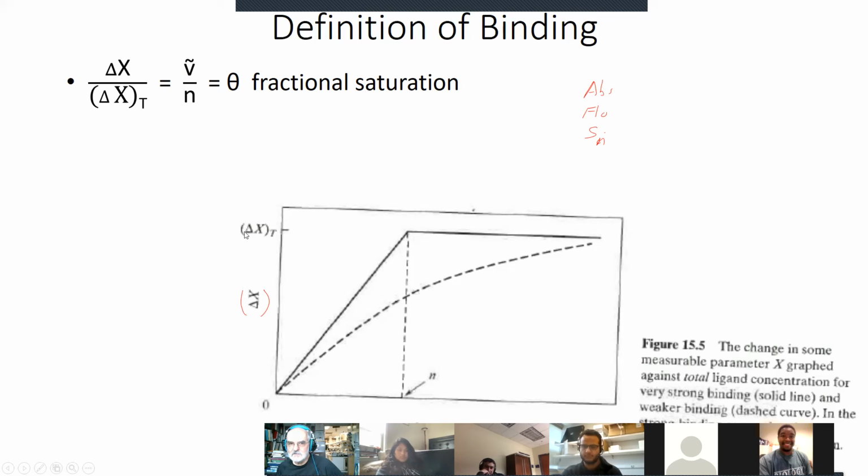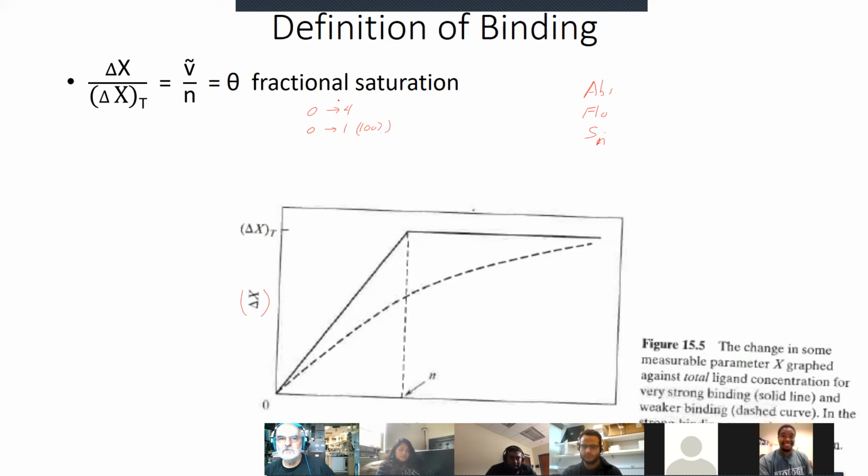So this goes up to the delta X total, but we could rescale this so it goes from 0 to N, or from 0 to theta. It just depends upon how you want to express it. So fractional saturation is one way of doing it. The advantage is you go from 0 to 1, meaning 100%, rather than 0 to 4.